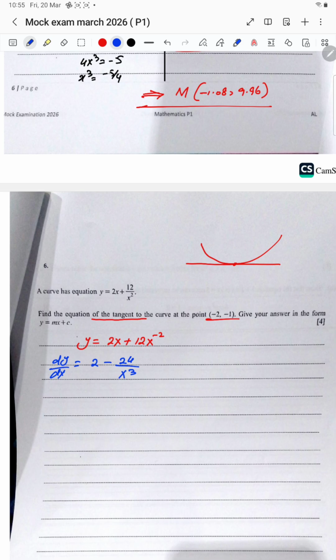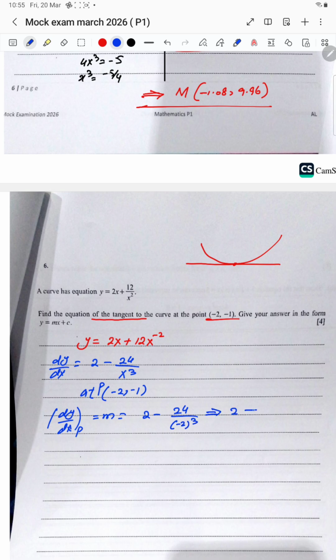As we have to calculate the equation of the tangent at point P, at the point minus 2, minus 1, we see dy by dx gives me the gradient. 2 minus 24 by x, with x being minus 2 to the power 3.